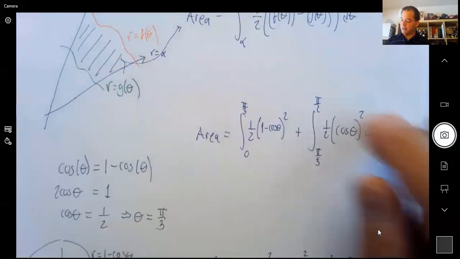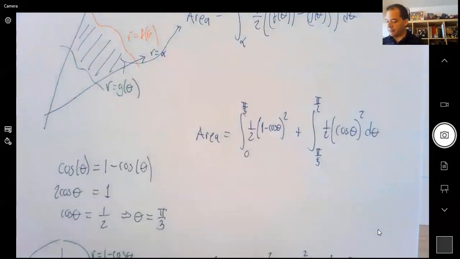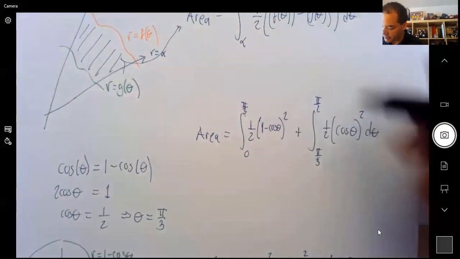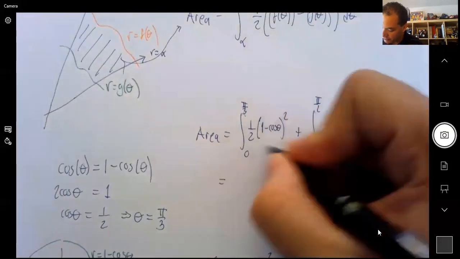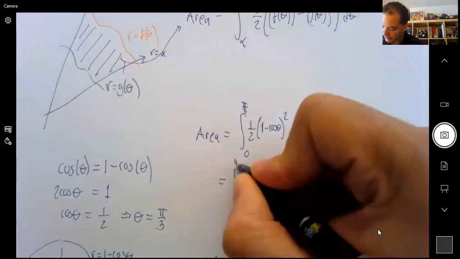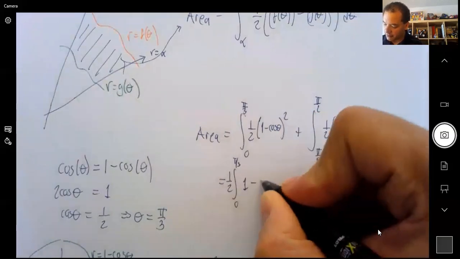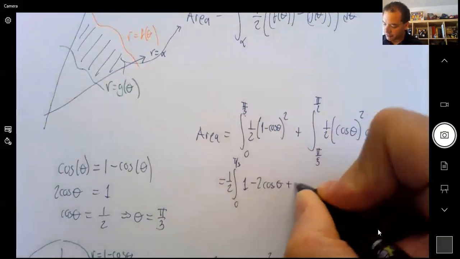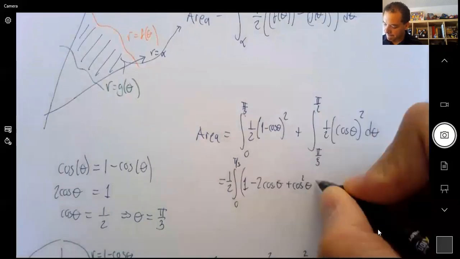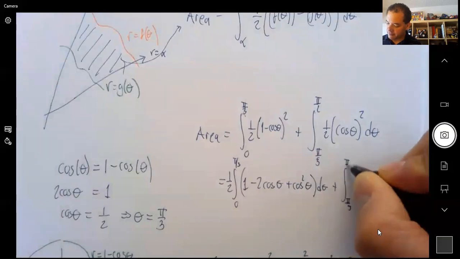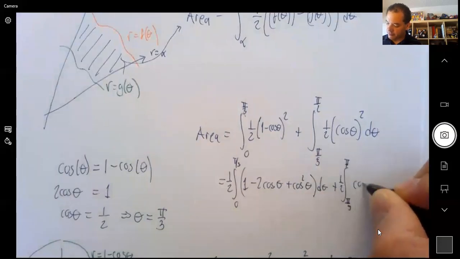All right, so we still need to do these integrals. And these are not hard, right? Maybe we just indicate it. So you need to expand these. Take the 1/2 out. So it will be 1 minus 2 cosine theta plus cosine squared. And the other one is cosine squared.